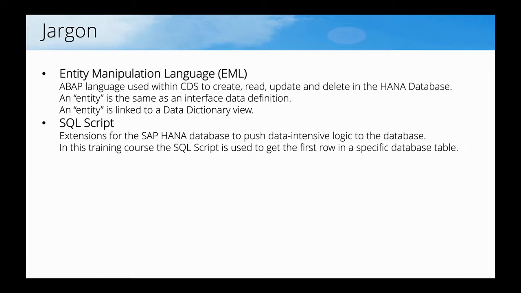And when you say entity manipulation language, the entity is the same as the interface data definition that we saw on the previous slide. And we come back to that in the next video as well to explain a bit how that works. Also, the entity is linked to the data dictionary view. I will show a visual representation in the next video how that's going to look like.